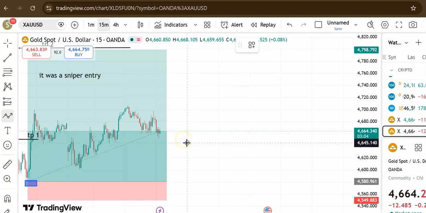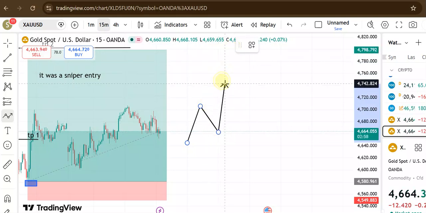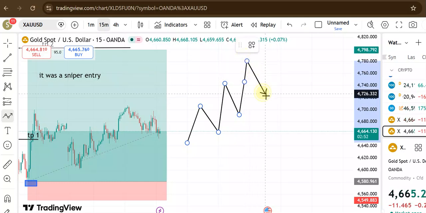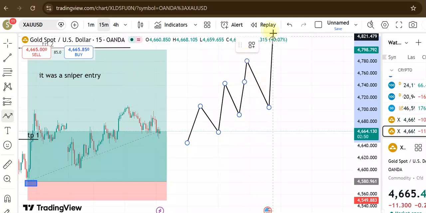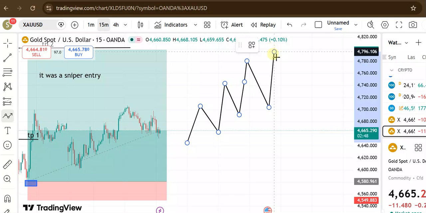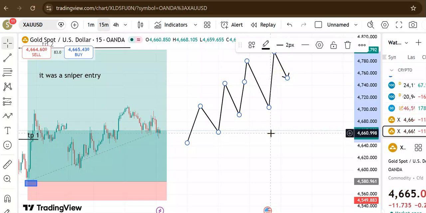So there's the uptrend. We call this an uptrend. Why do I call this an uptrend?